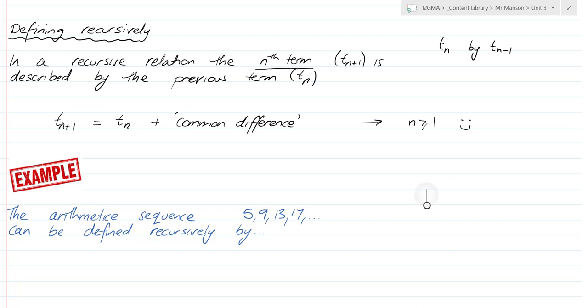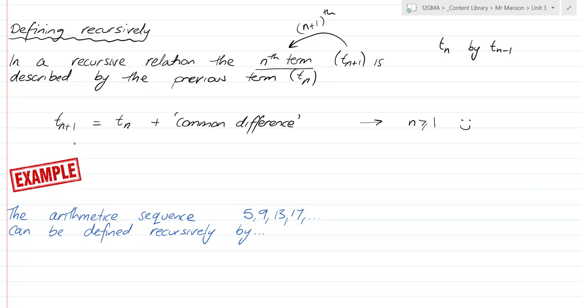tn plus 1 is technically the n plus 1th term, and that's how the textbook does it. So what we get is tn plus 1 equals tn plus the common difference.